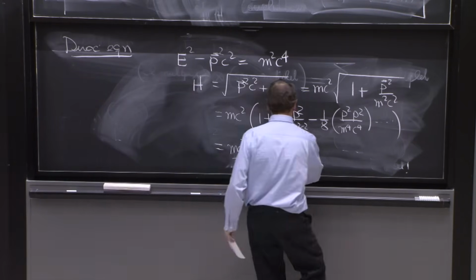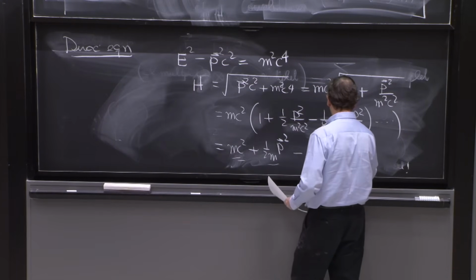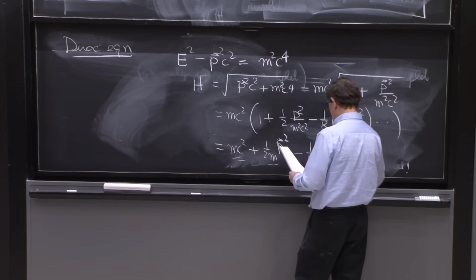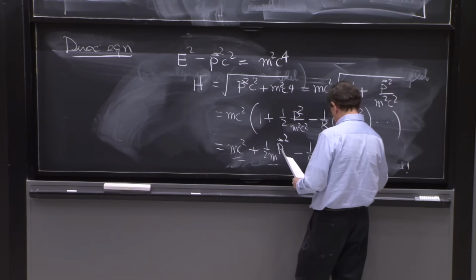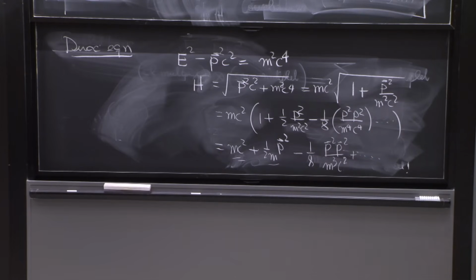And the next correction is minus 1/8 p to the fourth over m cubed c squared plus dot, dot, dot. That's one way you could treat the Hamiltonian, but it's very complicated.